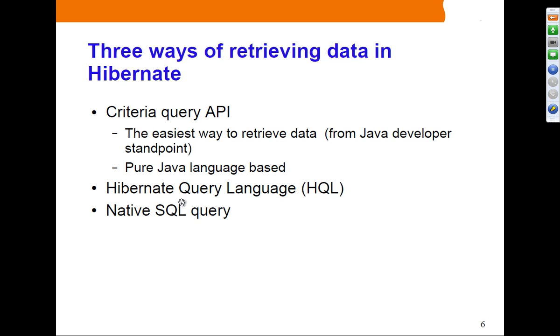We are going to look into HQL and native SQL later on, but these two are not really Java code. So criteria query is the easiest to use if you are a Java developer, because you don't have to deviate from your Java code, meaning you don't have to construct a non-Java-like query string.